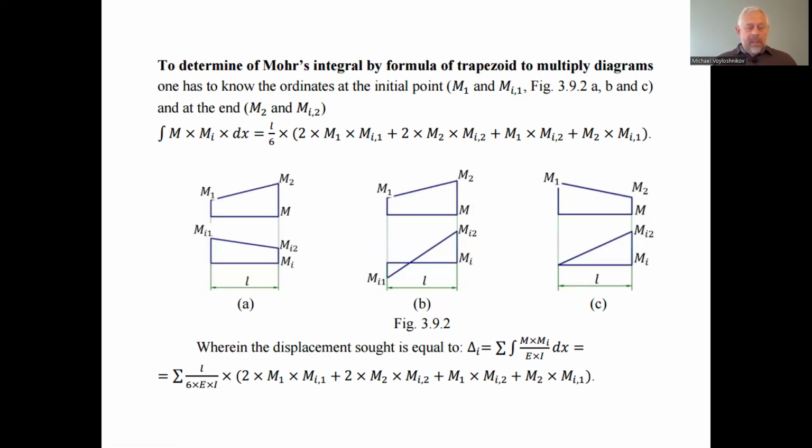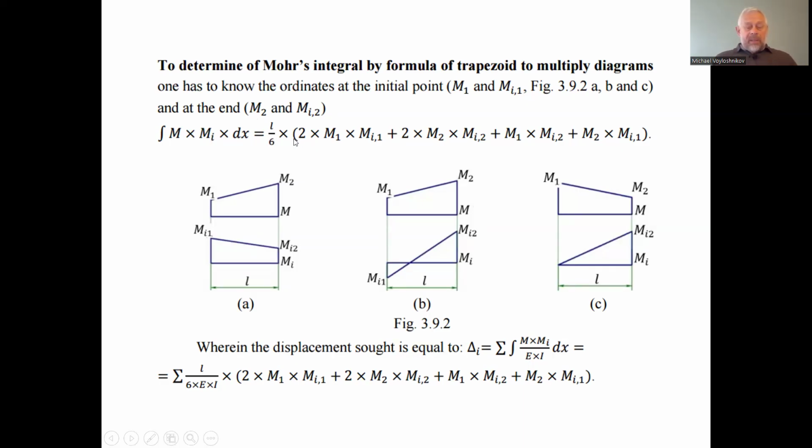The second one is the diagram of the bending moment under the action of the unit force on the mechanical system, within the limits of each considered element. So the product of diagrams, the integral of this integrand, equals the fraction L, the length of the span between the ends of the element of the mechanical system, L divided by 6.